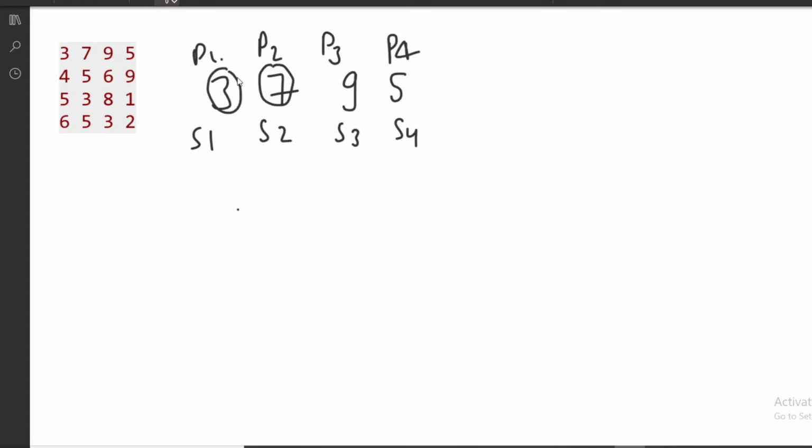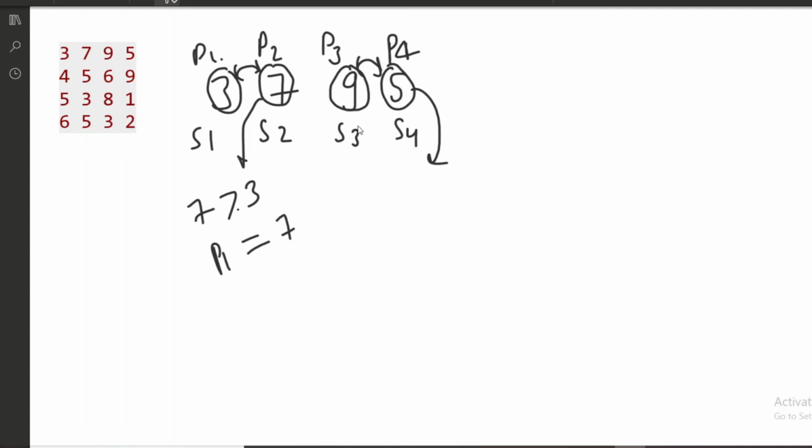These two players will compete with each other, and the third and fourth players will compete with each other. Among P1 and P2, player P2 has the highest skill rating, that is 7 is greater than 3. So the winner's rating equals 7. And here P3 has the highest rating, that is 9.